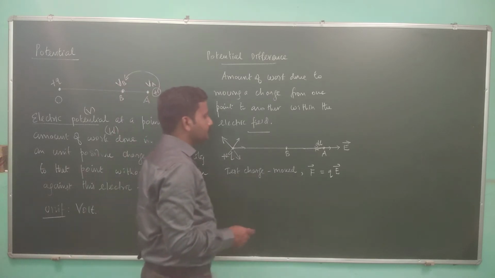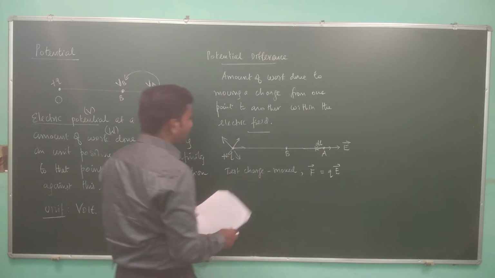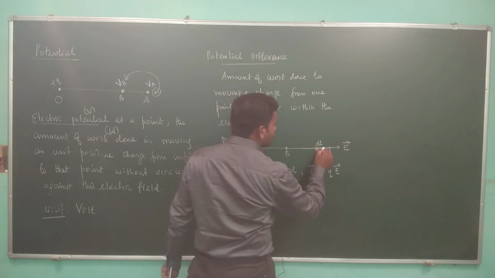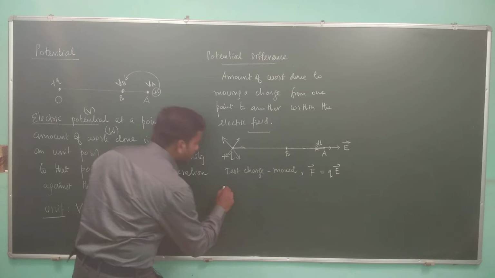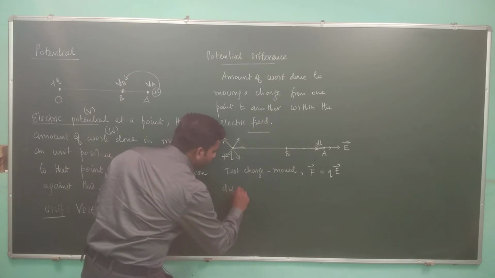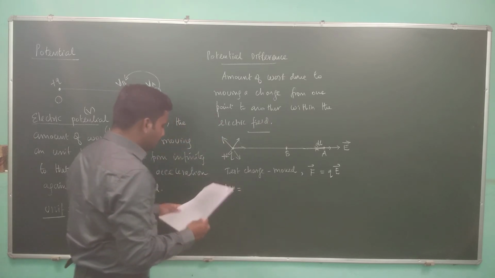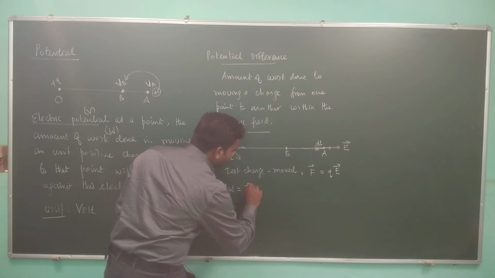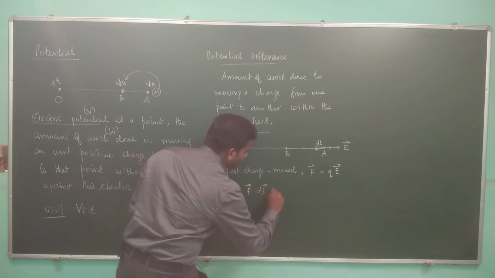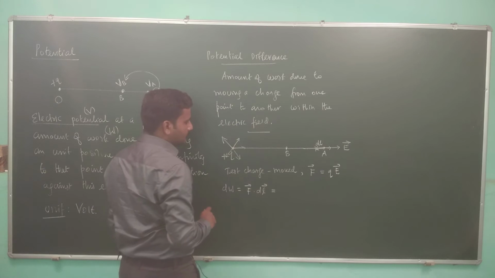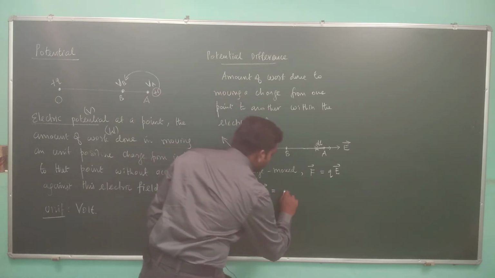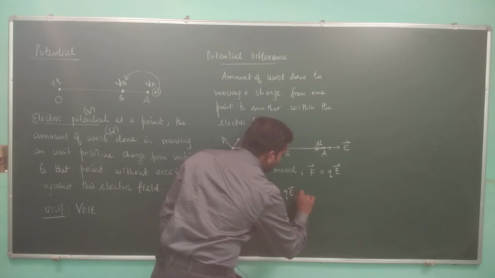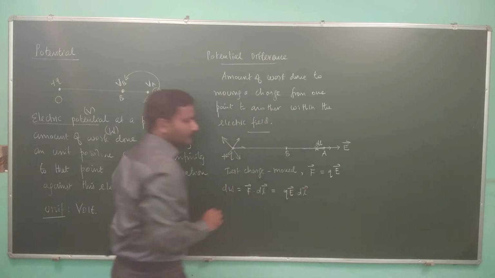Now, you see, moving this a distance dl leads to a work done dW, which is nothing but F vector dot dl vector, which is equal to Q E dot dl vector.